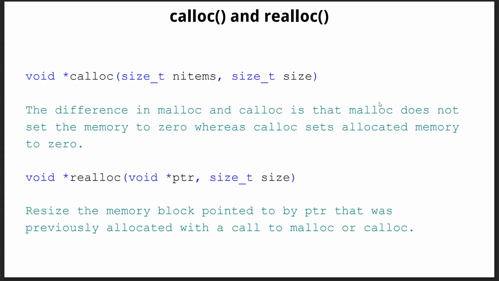Another interface is realloc, and it takes a pointer as input and a size as input. This interface will try to resize the memory block pointed to by this pointer that was previously allocated by malloc or calloc. So you want to change the size of that.